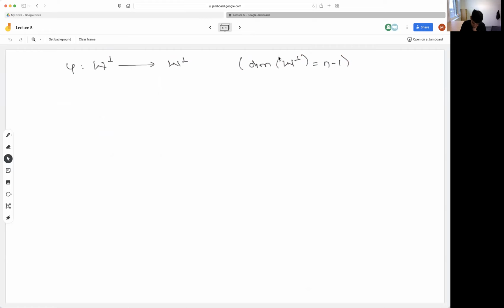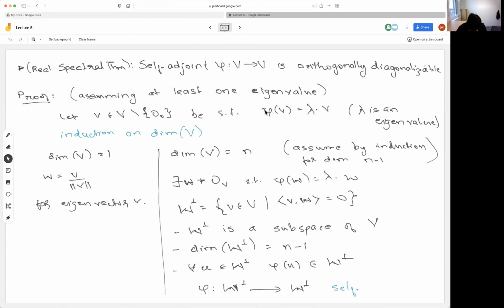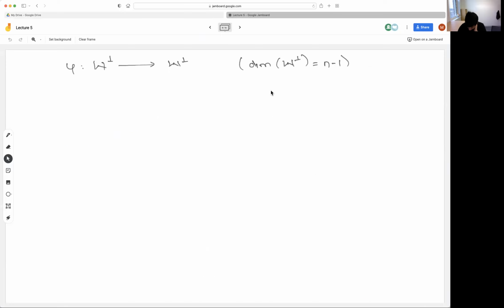Okay, and actually we need more. To use our inductive hypothesis, we also need that we have a self-adjoint operator, not just any operator. So we will also need to show that acting on this space, phi is still self-adjoint. But okay, let's say we have all that.